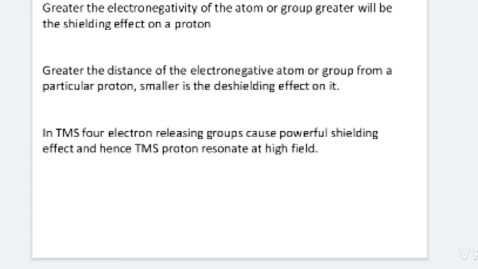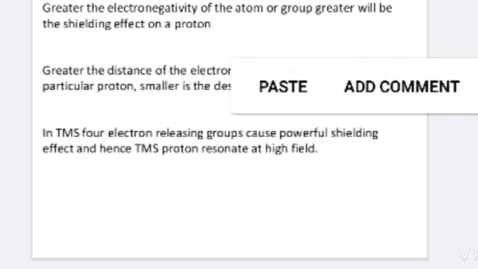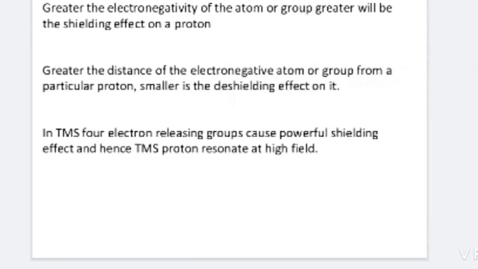TMS means tetramethylsilane, and it is the main important compound, the reference compound to find out the chemical shift.